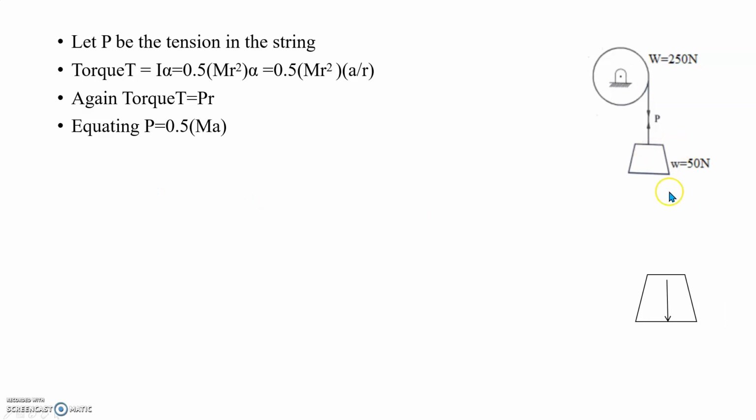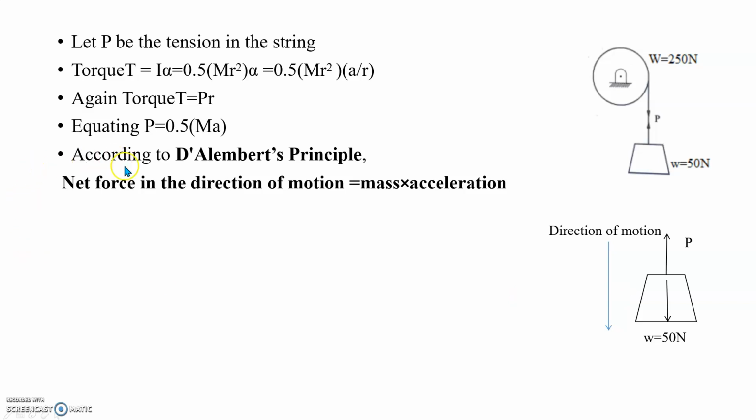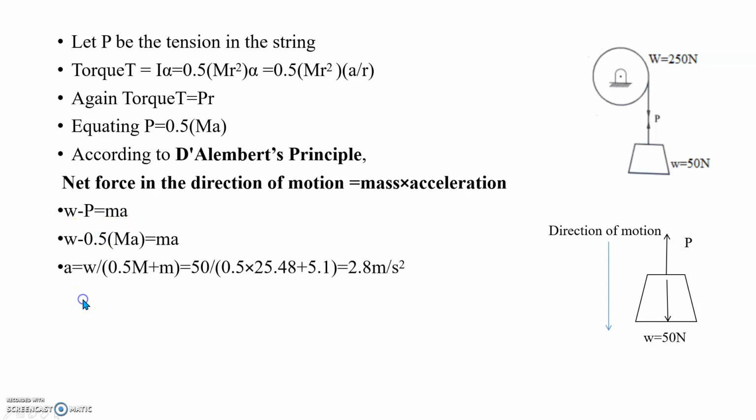Now let's consider the motion of this weight. Two forces are acting, P and W. This is the direction of motion, in downward direction. According to D'Alembert's principle, which you have already studied in the last module, net force in the direction of motion equal to mass into acceleration. So we can form this relation, substituting the values.